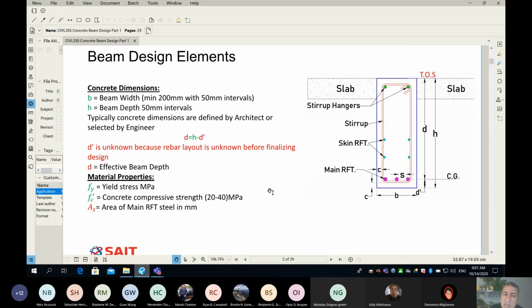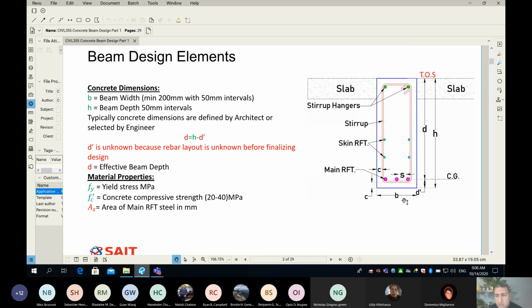So this beam is supposed to stay safe under acting load. However, when we start the design, we know nothing of this picture, zero. We don't know what should be the beam depth, or what should be the beam width, or how much steel. All those elements are unknown. The only thing that's known is we want to come up with a beam that can survive the load.